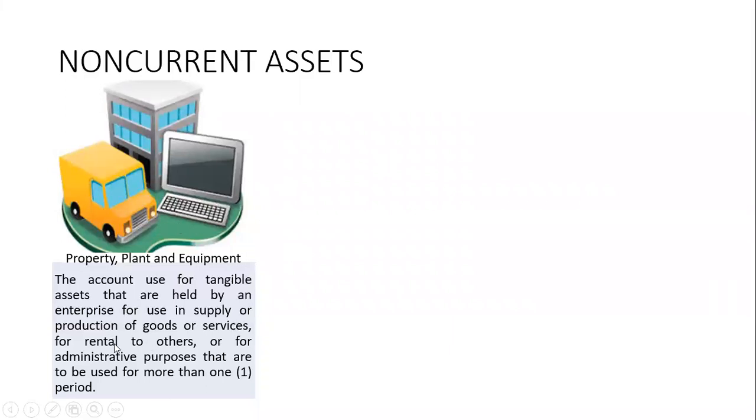So example of this one, yung mga PPE ito, yung nasa picture. So yung car, okay, yung mga computers, or even the building, it is considered as property, plant, and equipment. So, account title na gagamitin is property, plant, and equipment.